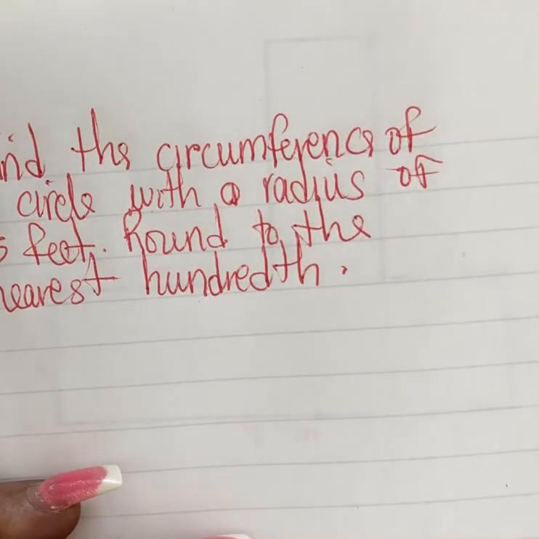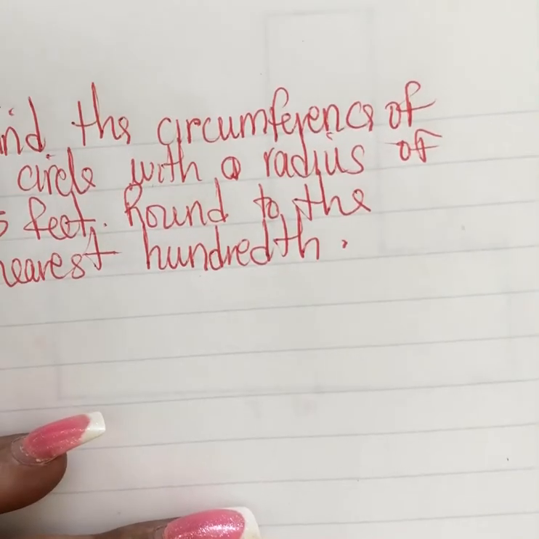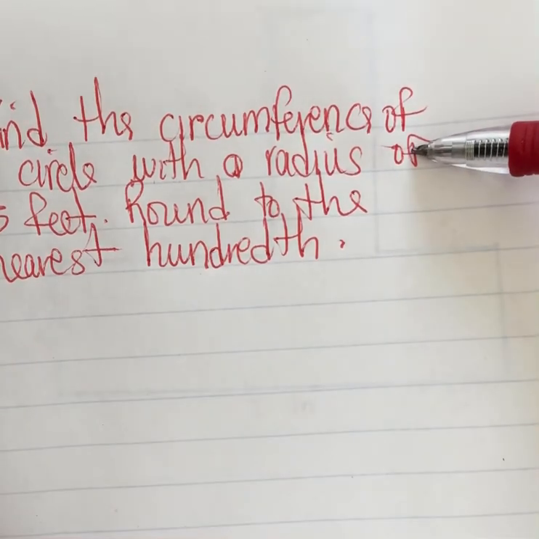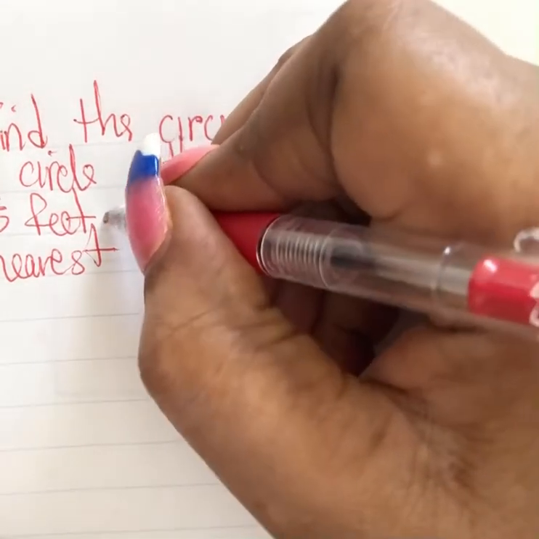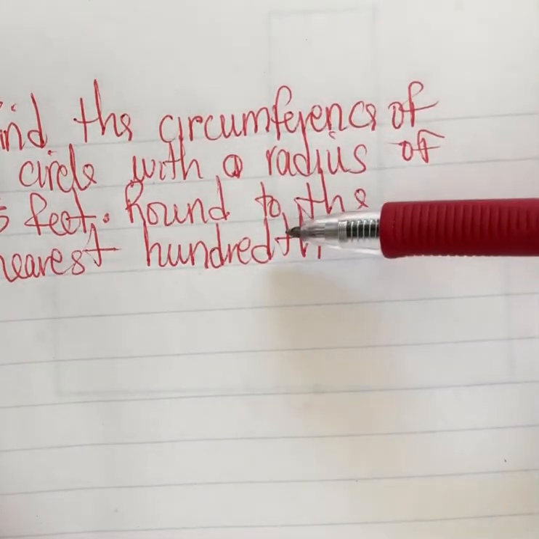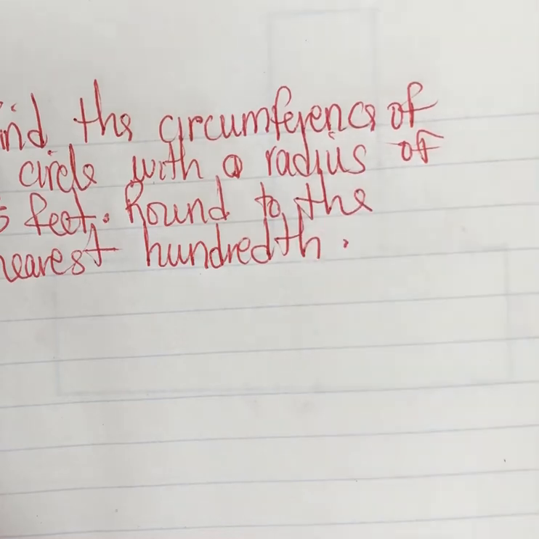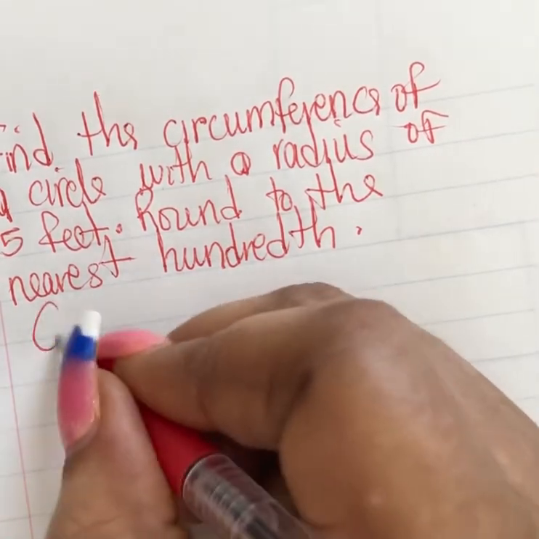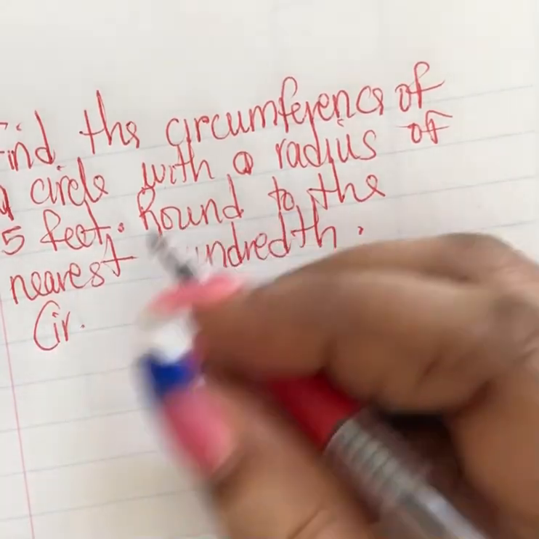Another word problem for us. Find the circumference of the circle that has a radius of 5 feet. Having found the circumference, we are then required to round our answer to the nearest 100th. Again, we can find circumference using two different formulas.